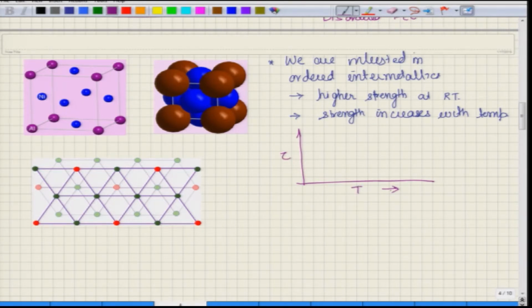So, the usual plot that you would expect would be that the strength should decrease, and that is what you will see for, let us say, a simple FCC or BCC system, or even a disordered, which is just like a simple BCC system, a disordered NiAl. Okay, we are not talking about ordered NiAl.